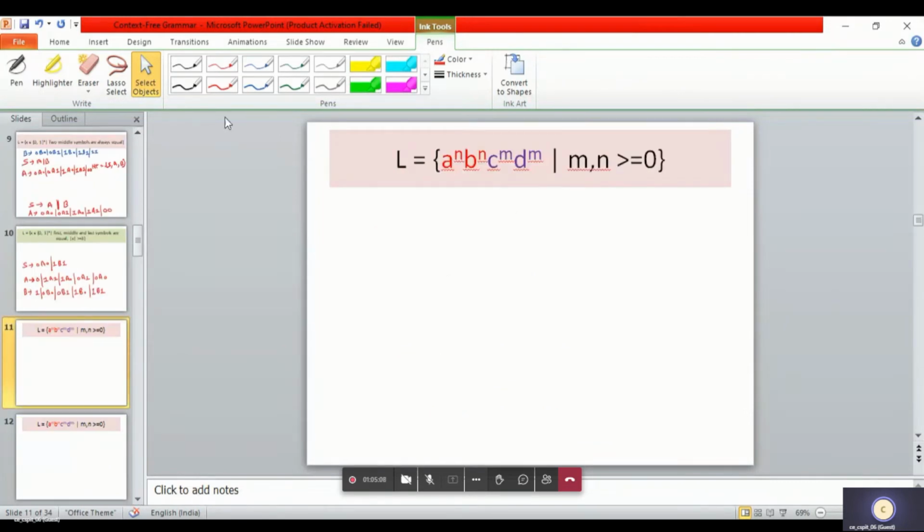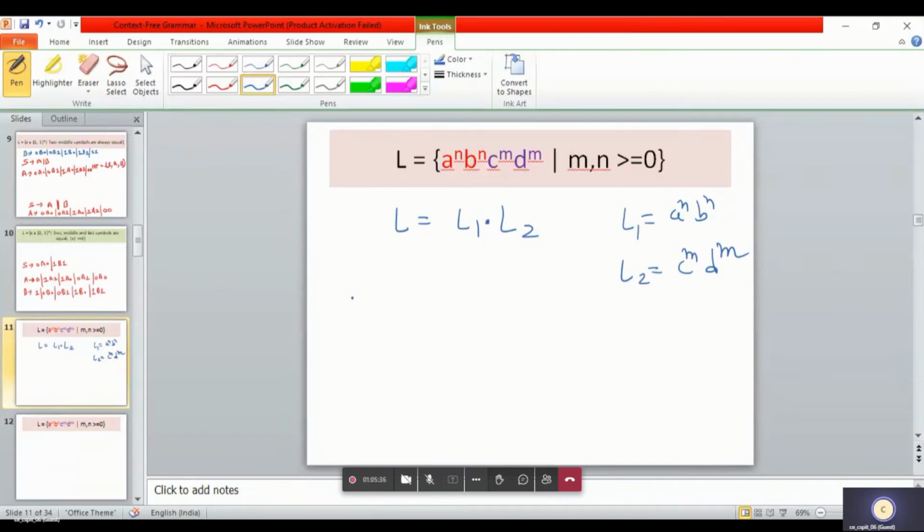So I can say that for this language L, we have two languages inside it, and there is a concatenation of two different languages. Here our L1 language we can say is A raised to N, B raised to N, and our L2 language is C raised to M, D raised to M. And M and N both are greater than or equal to 0.